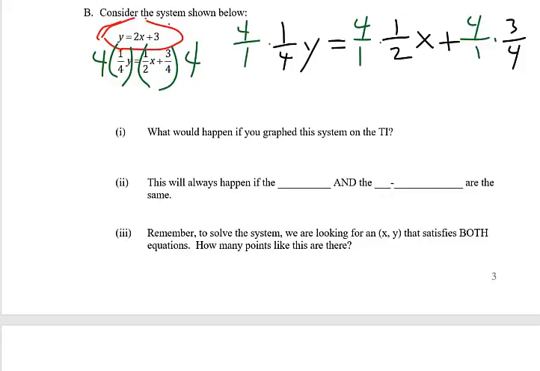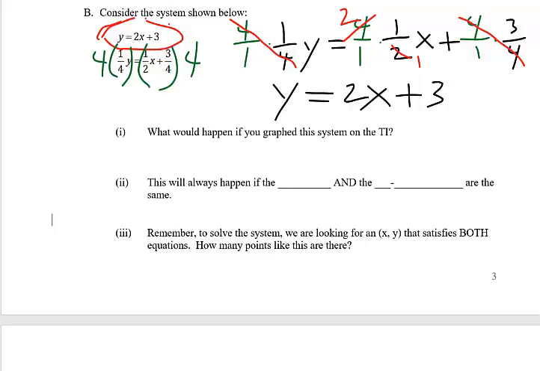Looks like here the 4's cancel, here 2 goes into 4 twice, and here the 4's cancel. And so then my equation becomes y equals 2x plus 3 when I put it all together. And now, just by clearing the fractions, the y ended up by itself. So now my second equation is also in the good format.